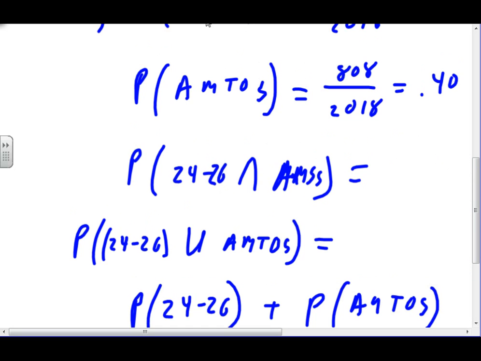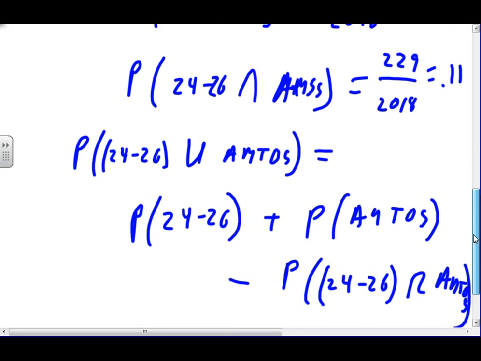Okay, so that would be 299 divided by 2018. Fat fingered that key. 0.11.